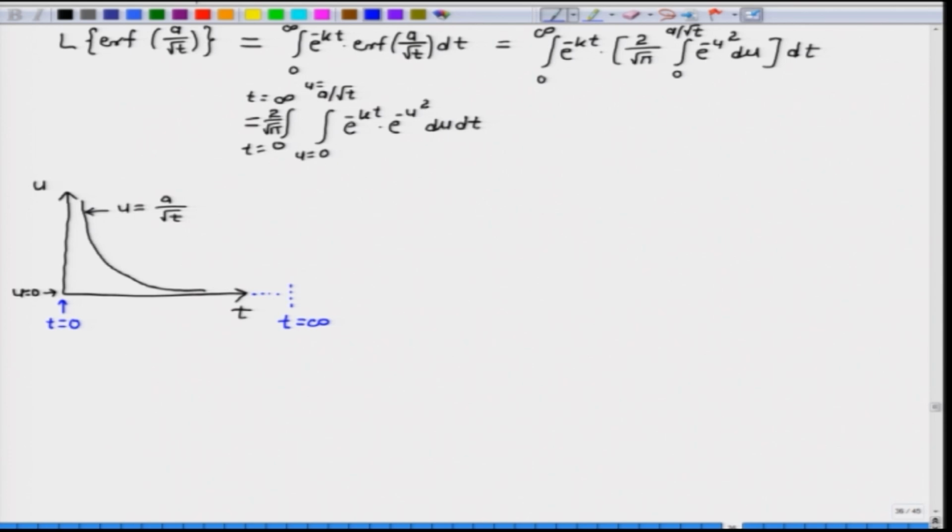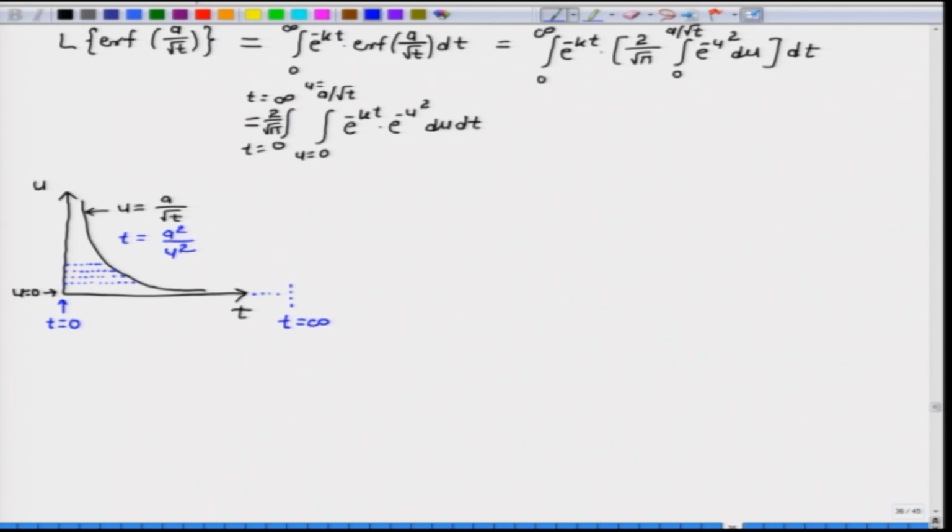Now, in this case the limits of t will go from t equal to 0 to, if we draw these horizontal lines, t is bound by 0 on the left side and by this plot on the right side. So, you can also write this equation u equal to a by root t as t equal to a square by u square.